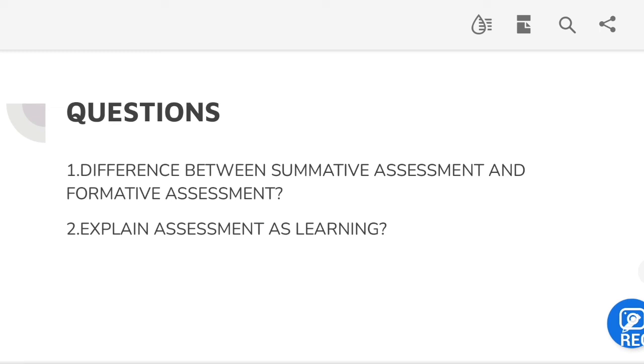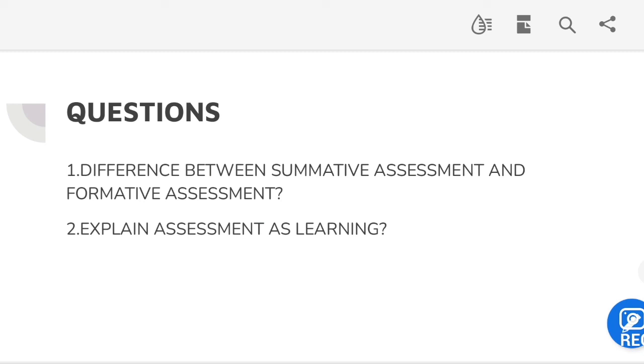Formative assessment is used throughout the course, with day to day tests conducted every day. Summative assessment is conducted at the end of the instructional period, where a particular test is conducted, for example the annual exam.